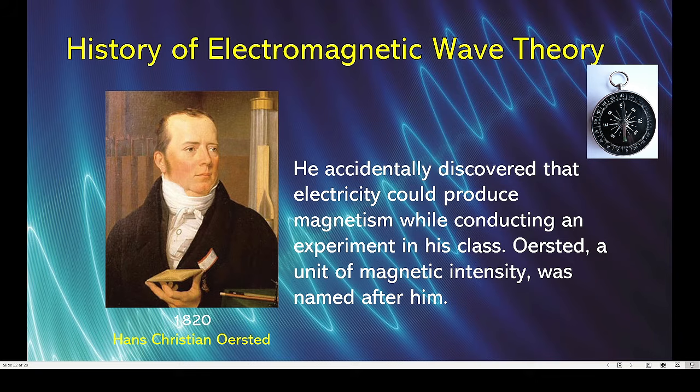The question is why? Because sabi ko nga kanina, 'di ba, hindi gagalaw ang needle unless you move the magnetic compass. The compass is just on his table. So he discovered there that electricity could produce magnetism.